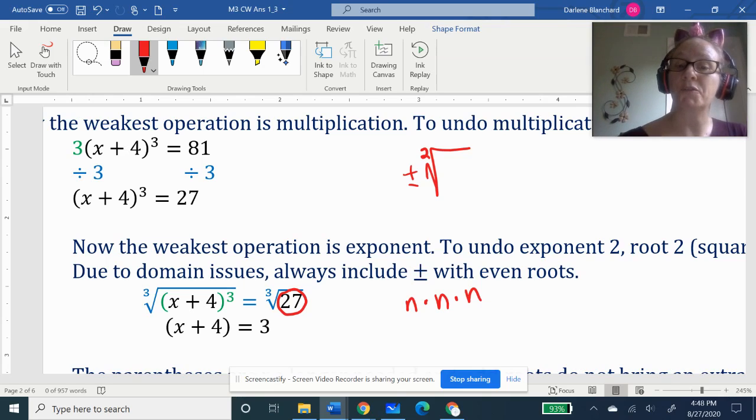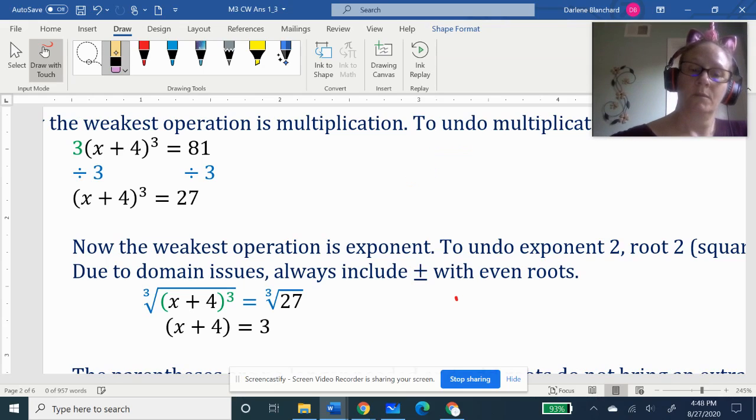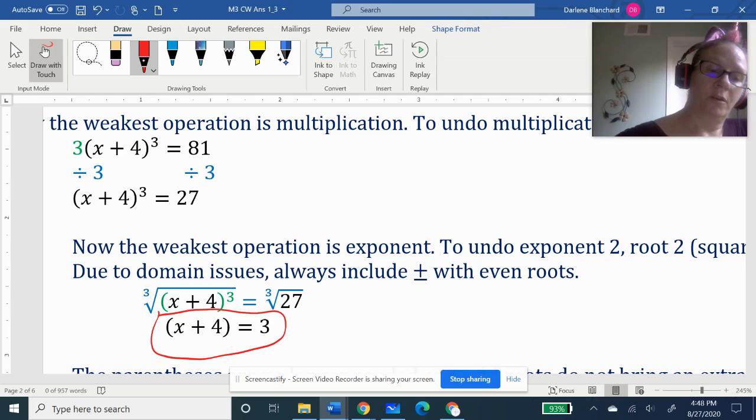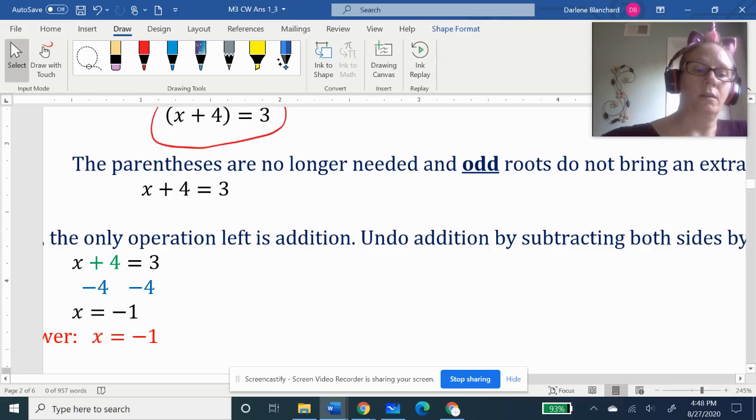We'll see why plus or minus is needed when we take a square root. And we'll look more into the cube root issue not needing it at a later time. So we find ourselves here, and all that's left is to subtract 4, and then we are done.